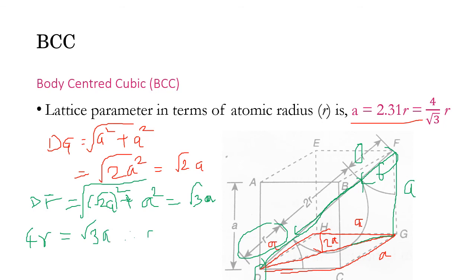Hence, a is equal to 4 by root 3 r, or r is equal to root 3 by 4 a. And 4 by root 3 comes out to be 2.31.